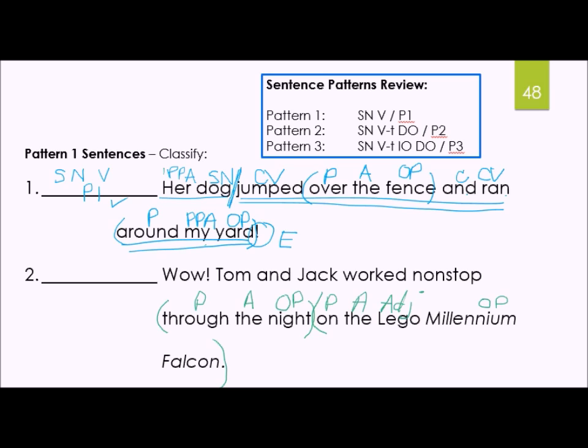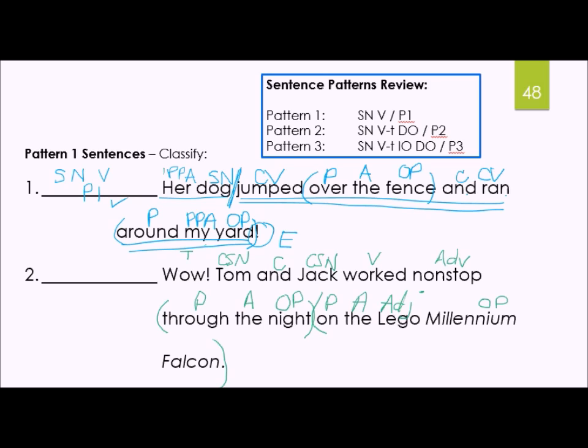Wow, Tom and Jack worked non-stop. Who worked non-stop? Tom and Jack. So we've got 2 subject nouns, don't we? Compound subject noun, and is a conjunction. So what do we do with the Tom and Jack? We put a C for compound in front of those labels. What is being said about Tom and Jack? They worked. Verb, worked. How, when, or where? How, nonstop, adverb.